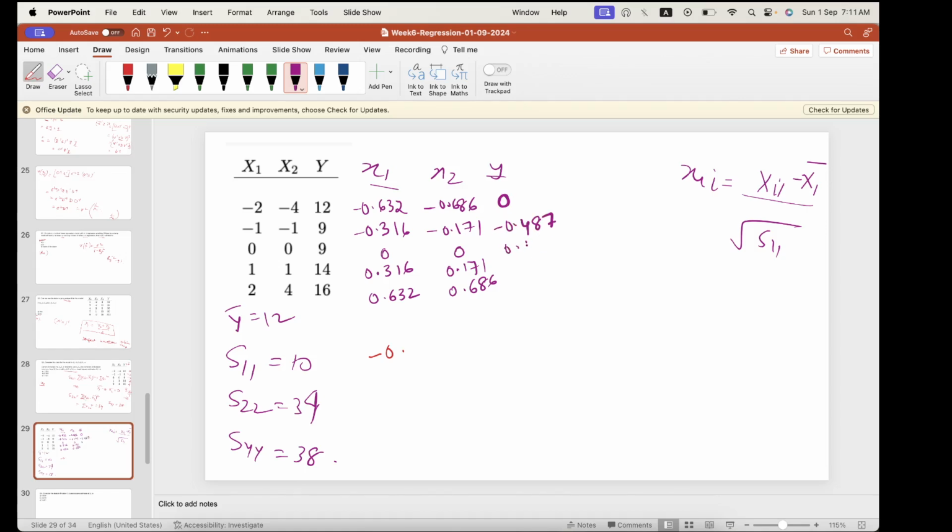Okay, this is 0.487. Then we have 2 by this thing, that is 0.324, and then we'll have 4 by root over 38, that would be 0.649. All right, so this is actually the mean centered and transformed variable.